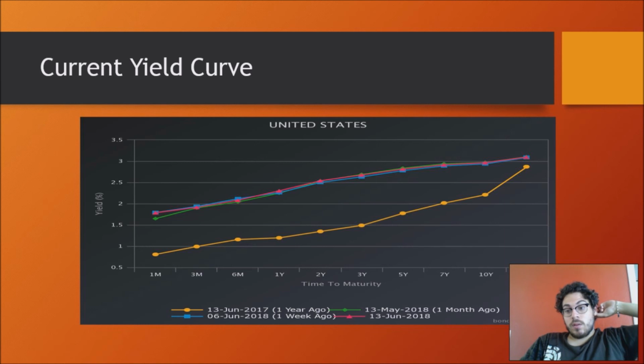The yield curve from today is more flat. When there is a flat yield curve, and even worse, when there is an inverted yield curve, this always anticipates a recession. An inverted yield curve was seen right before the 2007 Great Recession.